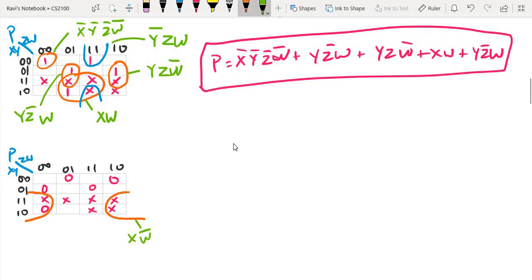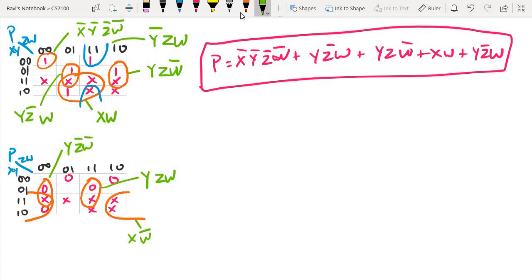Then this 0 and this X we can group together over here, and this gives us Y Z W. This 0 and this X we can also group together, and that will give us Y Z bar W bar.